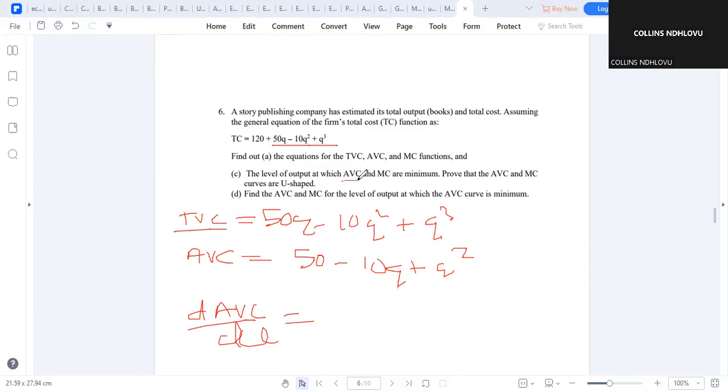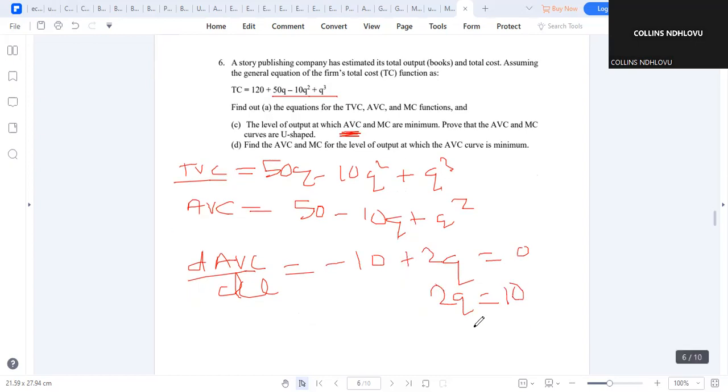So we now need to differentiate the AVC. Differentiate it, so this becomes minus 10 plus 2Q. Whenever we are minimizing, we set it to 0. So this goes to the other side. So 2Q is equal to 10. So what is our quantity that minimizes average variable cost? It will be 5. All right, together?